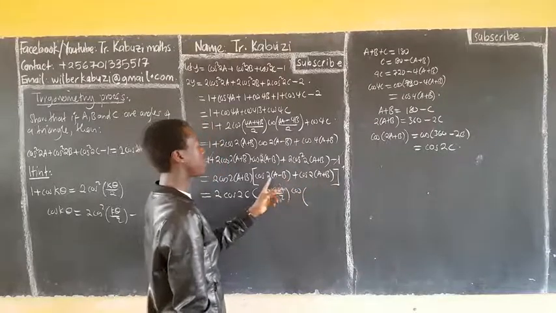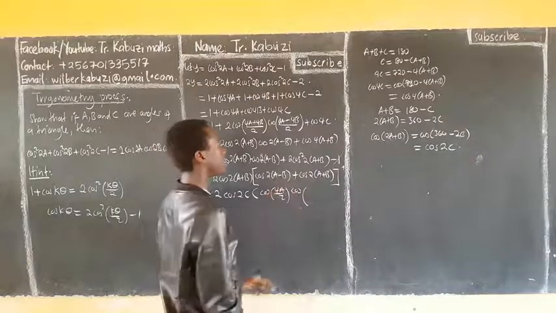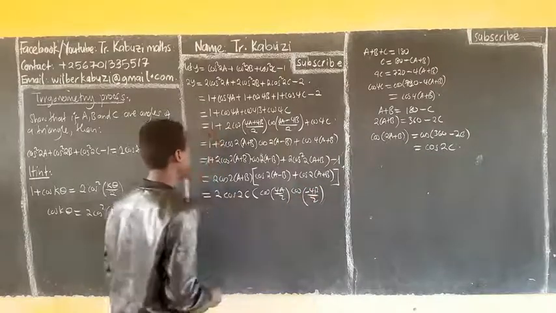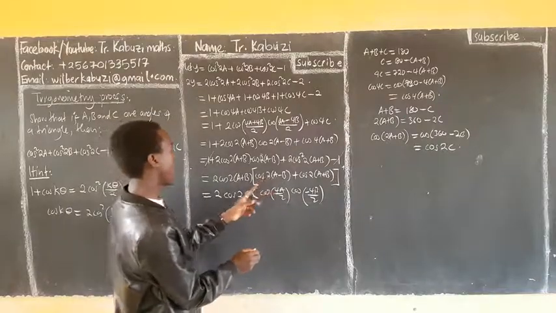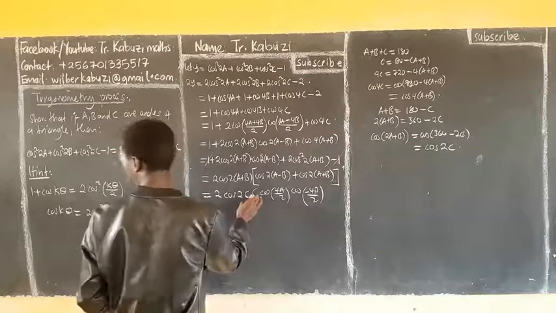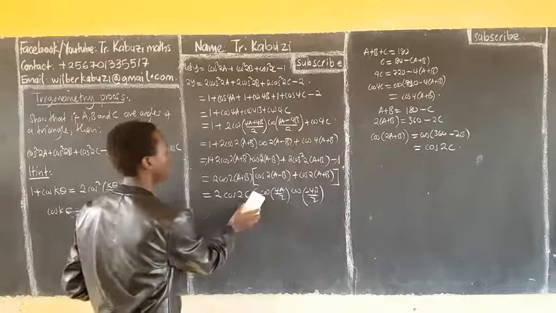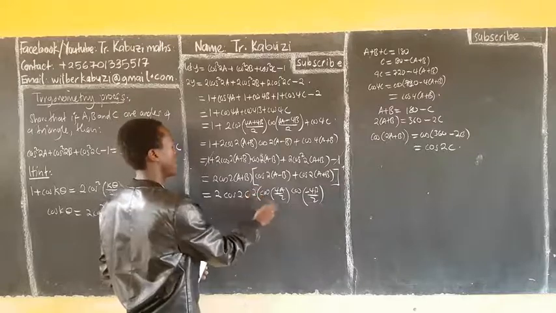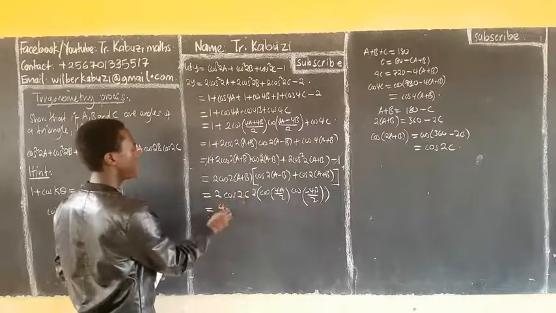Then when I subtract, I have 2A minus 2A, which will be 0, then minus 2B minus 2B, which will be negative 4B over 2. But remember, here we have a 2. I missed a 2 there, because before we apply the factor formula, we have to introduce our 2. So here it is a 2, then the whole of this in big brackets. So this and this will give me 4.